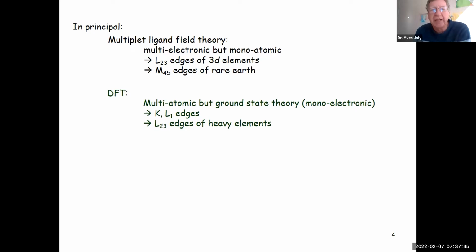So it's the case of the L2-3 edges of 3D elements, but also of the M4-5 edges of rare earth elements. And in all the other cases, you can use DFT approaches. So it's for the K or L1 edges of all the elements, or the L2-3 edges of heavy elements.